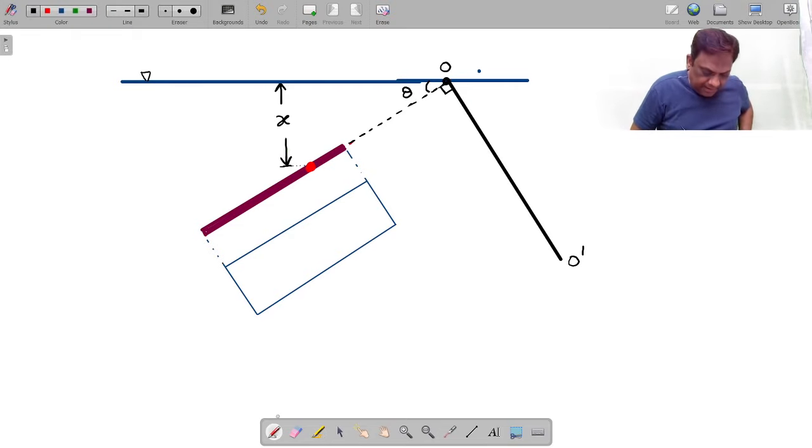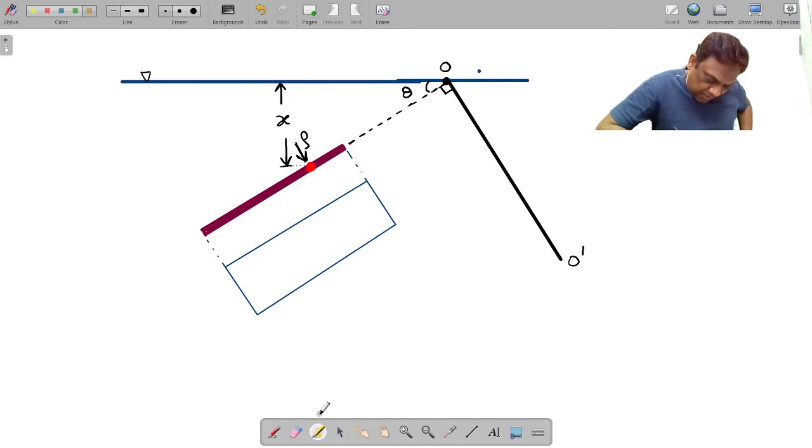Let it be at any distance x from the free surface. Now, you know very well, this fluid will exert a normal force on this. So what will be the pressure here? The depth is x. If the depth is x, the pressure is rho g x, and that will act normal to this.